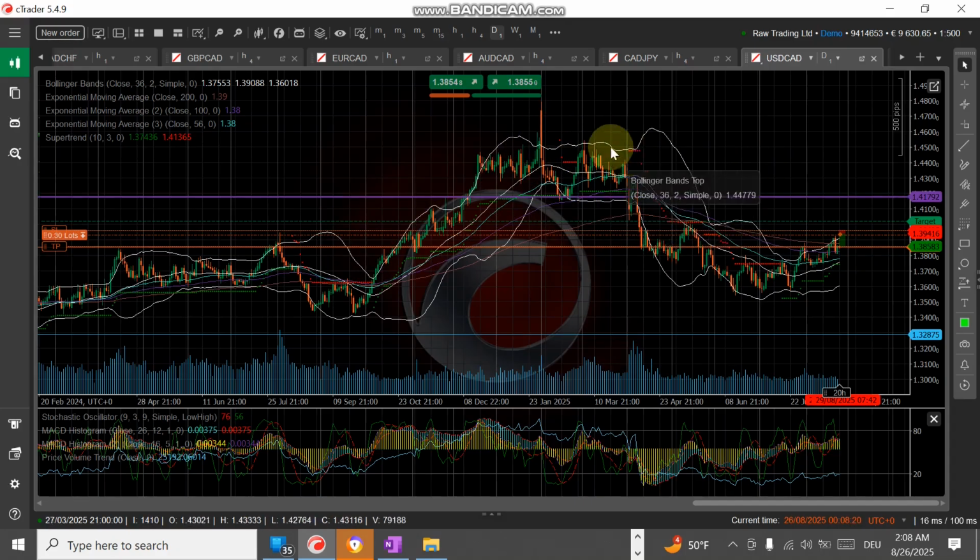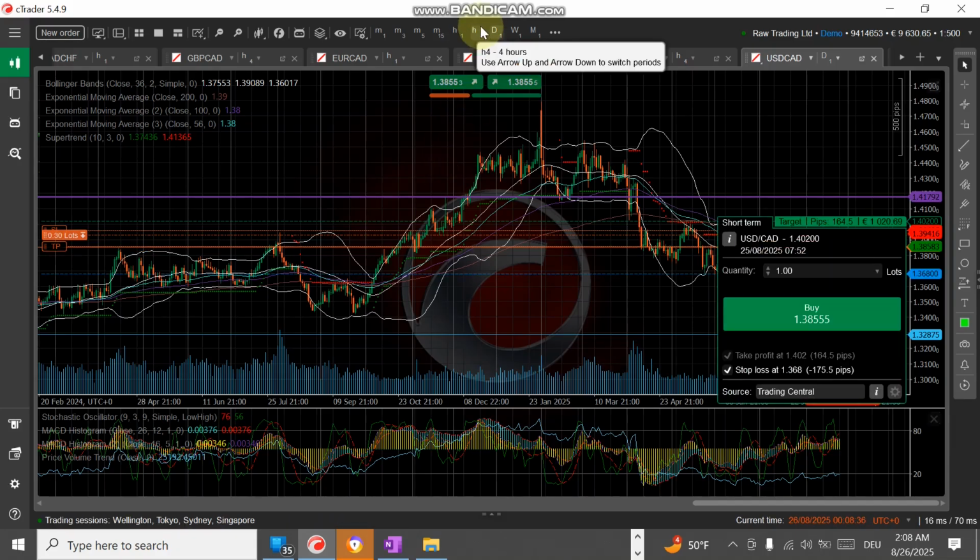Now we have an issue. We have to be looking for the sell. If this sell stops, the energy momentum is vanishing out, then we have to sell, and that's my idea.